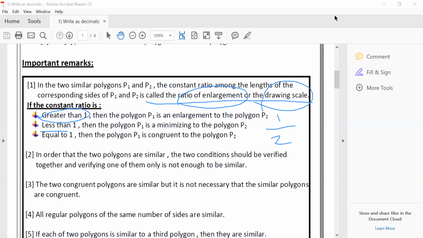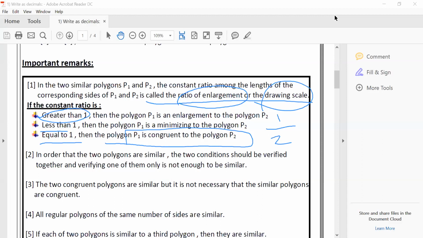But what about if the constant ratio equals exactly 1? It means what? That the two polygons are congruent. Because if one side is 10 and the other is 10, then 10 divided by 10 equals 1, and 20 divided by 20, for example, equals 1.